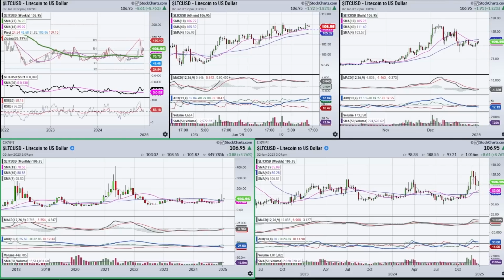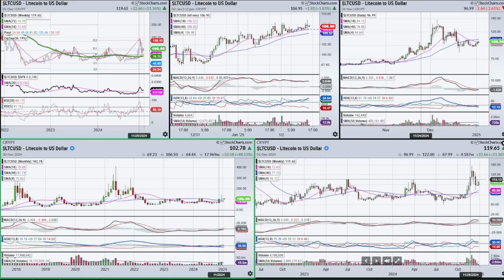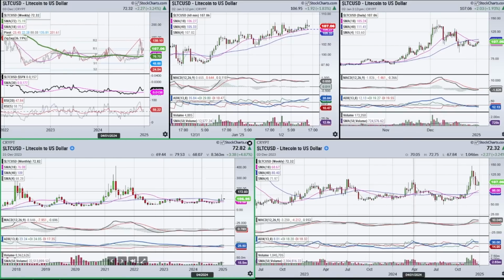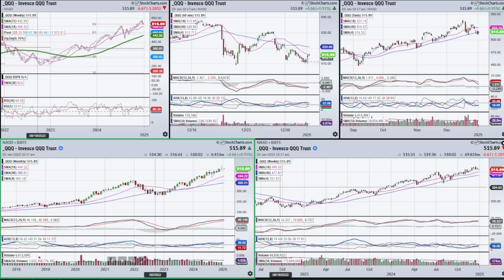I think we could look for somewhere around 112, 113, something like that. Essentially getting back above the 40 on this smaller time frame, which is what you want to do anyway. And because there's overrun, we're going to want a little bit of extra sign. Look for a break of the downtrend line and then a higher low to develop, but certainly something to be on the lookout for.